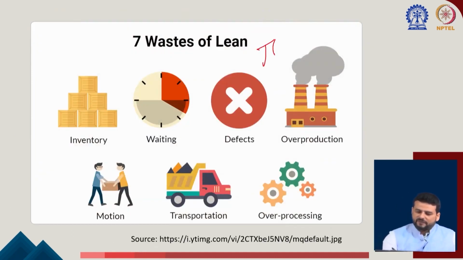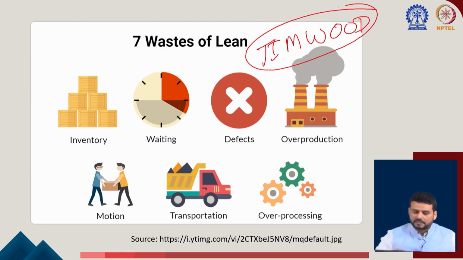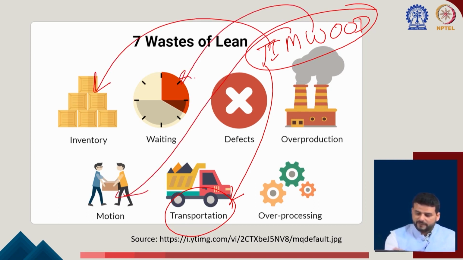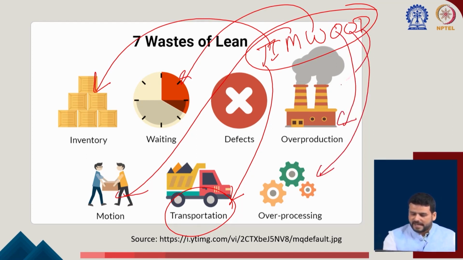We have identified 7 types of waste in lean. T stands for transportation, I stands for inventory, M stands for motion, W stands for waiting, O stands for overproduction, overprocessing and defects.